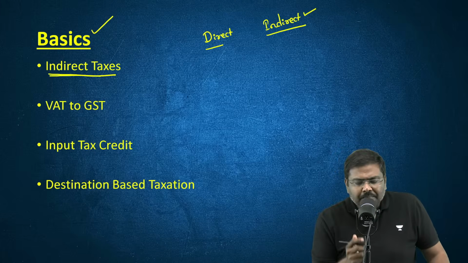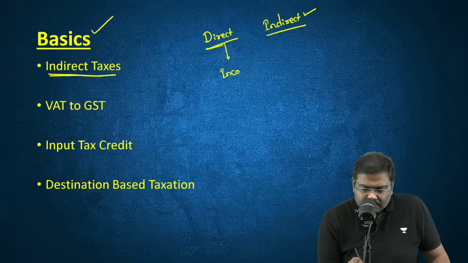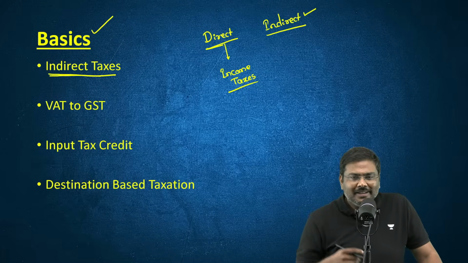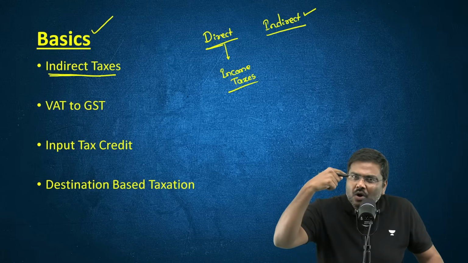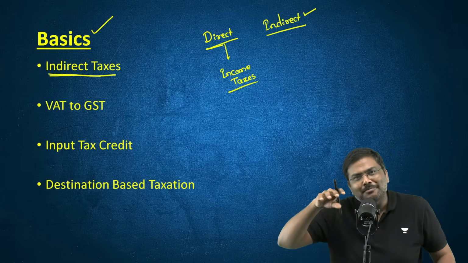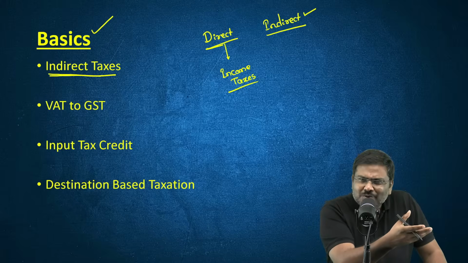Let me give you an example here. Income taxes are a prime example of a direct tax. That is, the government will impose an income tax on me, and it is me who will bear the burden of income tax. And by the way, right now the income tax filing is going on.